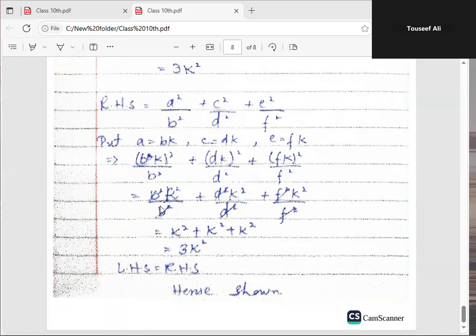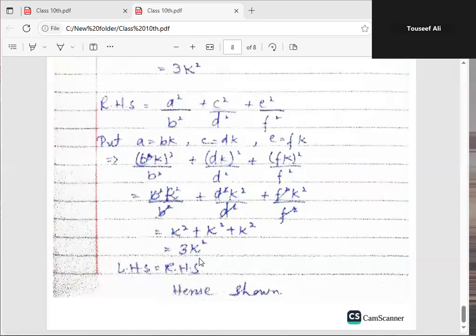Now b square is in the numerator and denominator, so they cancel each other. In the second term d square and d square cancel each other, and f square in the numerator and denominator also cancel each other. So k square plus k square plus k square combine to become 3k square, which is our solution of the right hand side.